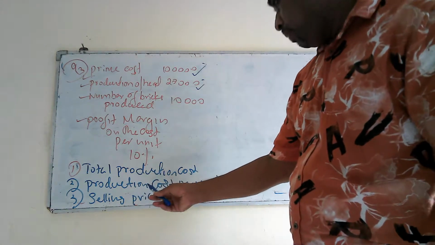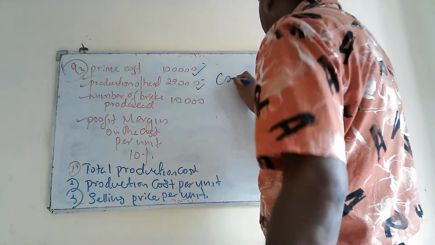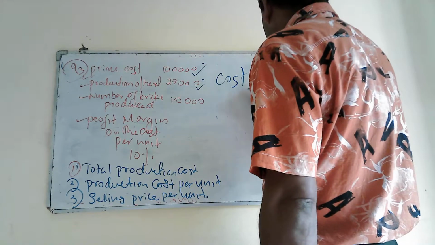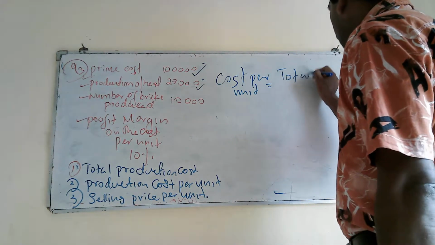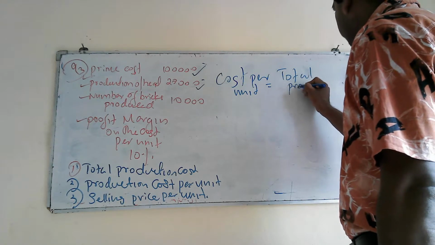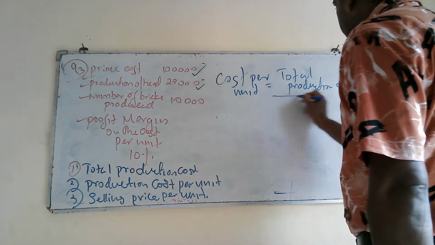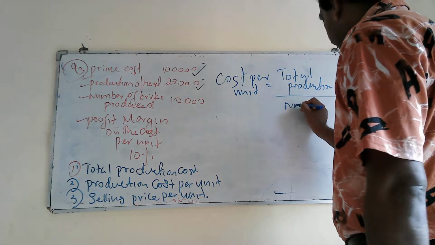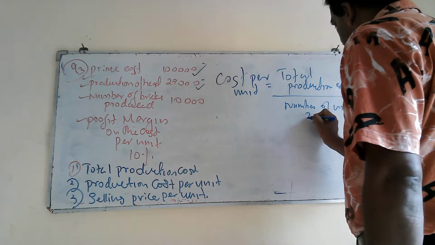That is part 2, production cost per unit. Here cost per unit equals total production cost divided by number of units produced.